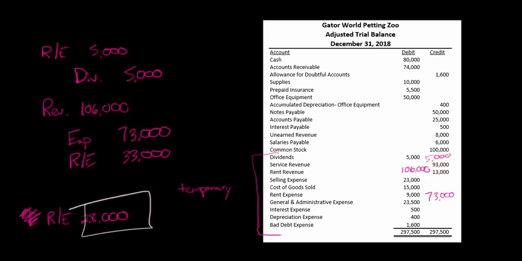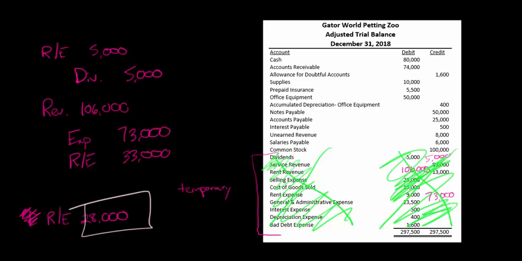All these accounts here that are temporary accounts are all going to go to zero. So in our post-closing trial balance, we better not see any of these accounts, right? We don't want to see any of these here because we're supposed to bring them to zero. And then we're going to transfer the net effect of everything from zeroing all this out. That was that $28,000 in retained earnings, right?